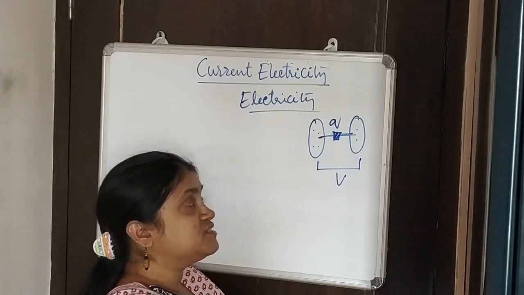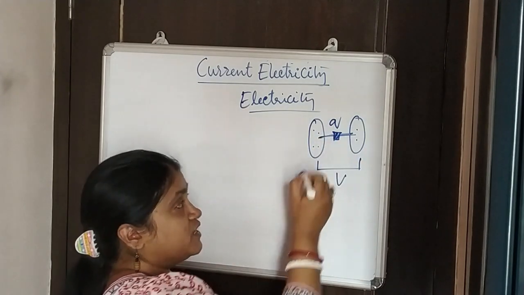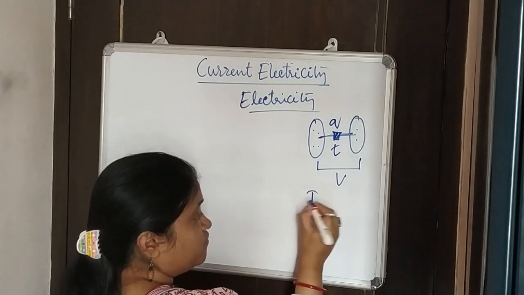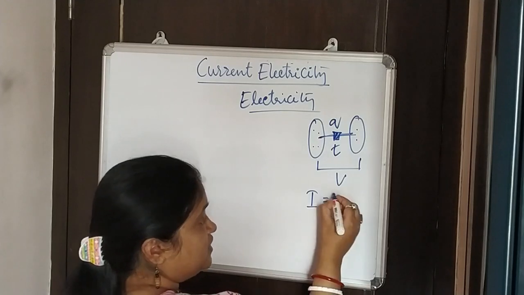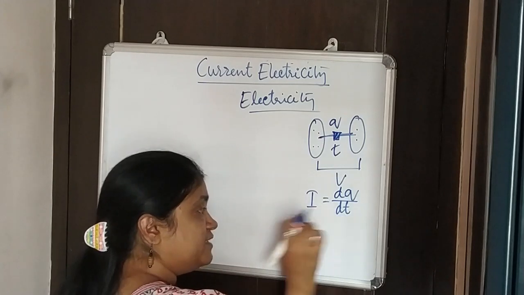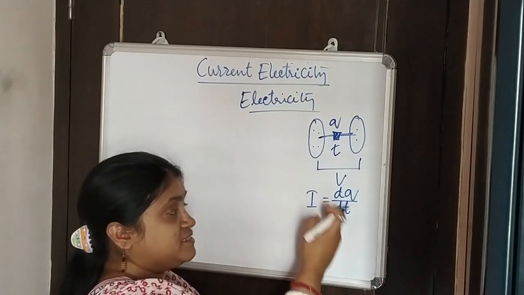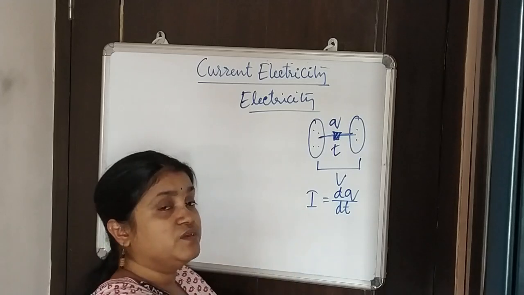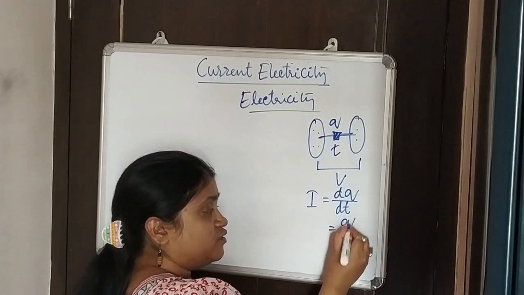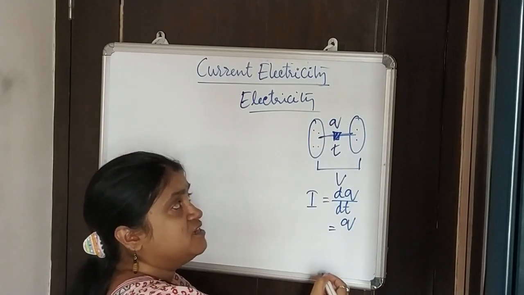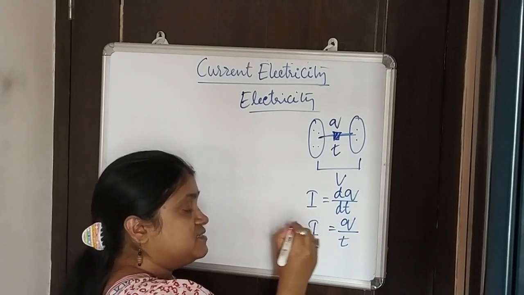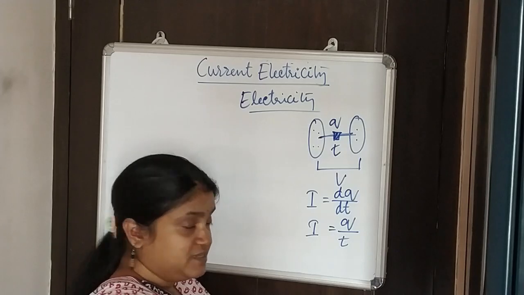In that small cross section, if Q amount of charge is flowing for a time interval t, then the rate of the flow of the charge, that is dQ by dt, is what we have called the current I. Or you can also say the total Q coulomb of charge has passed in time t. So the current I is Q by t.